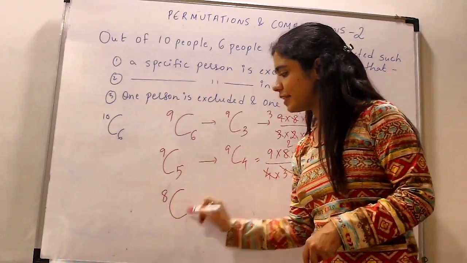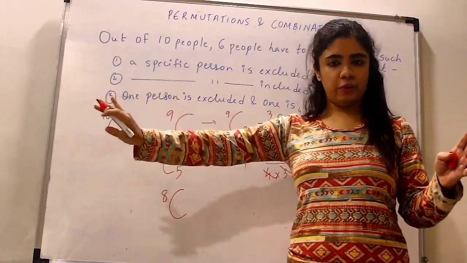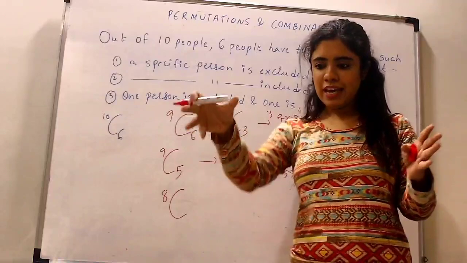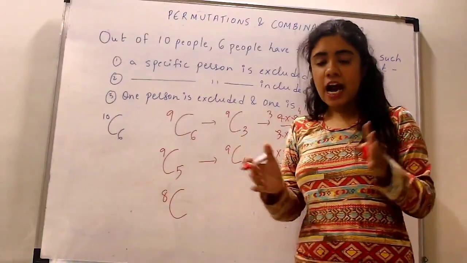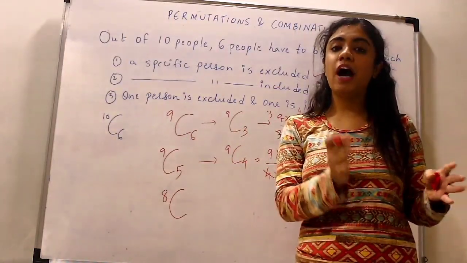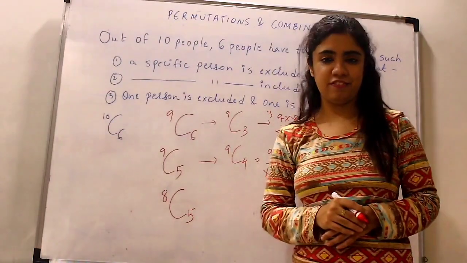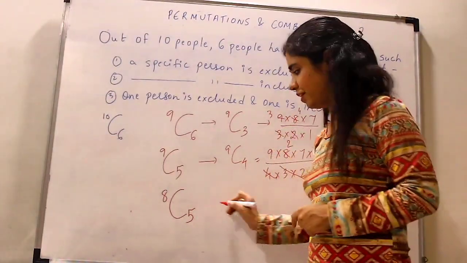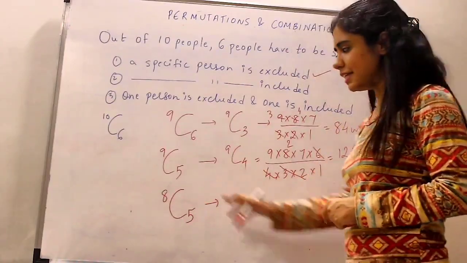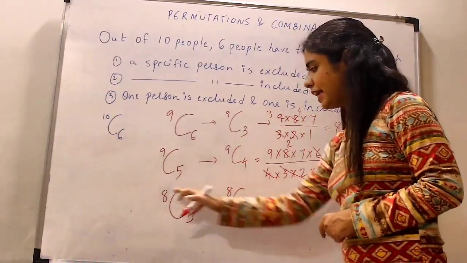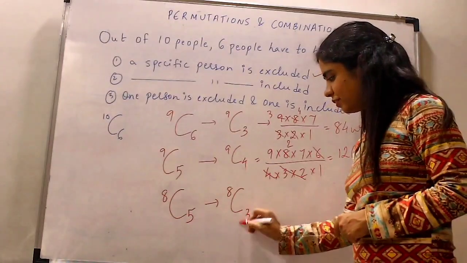I have to select how many? Dekho, X is already out. I had 9 options. A is already selected. How many do I need to select more? I need to select 5 more. So my value becomes 8C5. Okay, not 9C5. Now 8C5 can be written as 8C, 8 minus 5, which is 3.